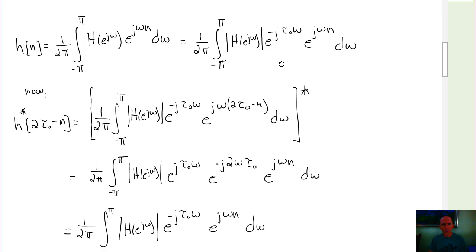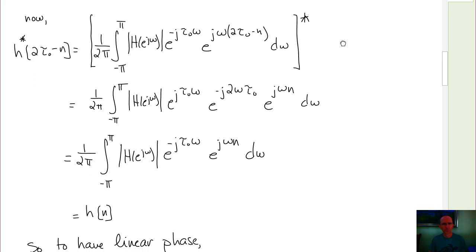Now, we can use the inverse Fourier transform, or inverse DTFT, to find h of n. If it's linear phase, it's going to look something like this, and so h of n is going to look like this for our linear phase filters.